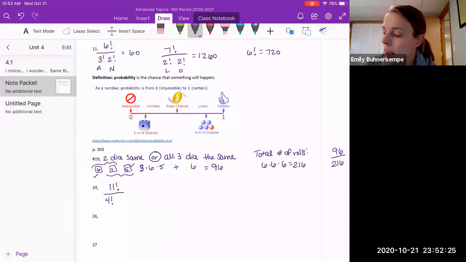There are 4 S's in Mississippi. And there are 2 P's. So you're taking 11 factorial divided by 4 factorial times 4 factorial times 2 factorial. And your final answer should be 34,650.